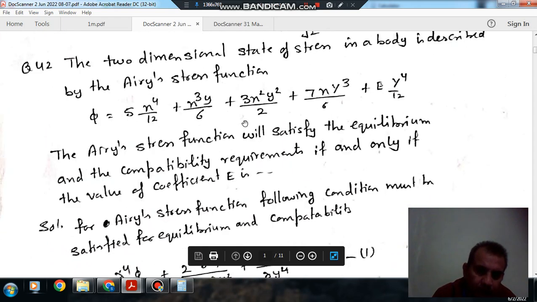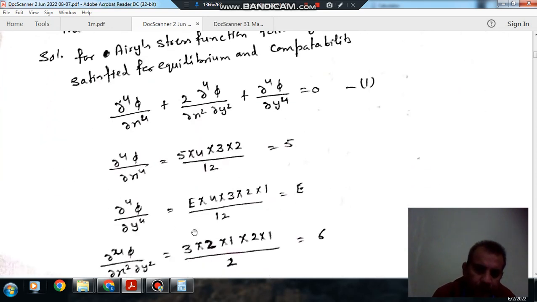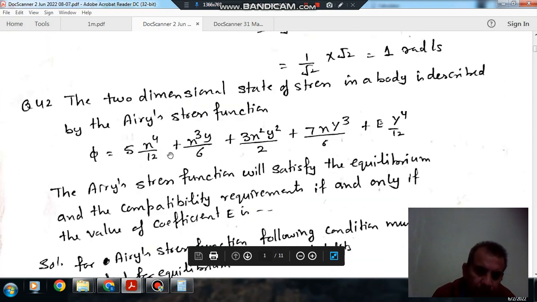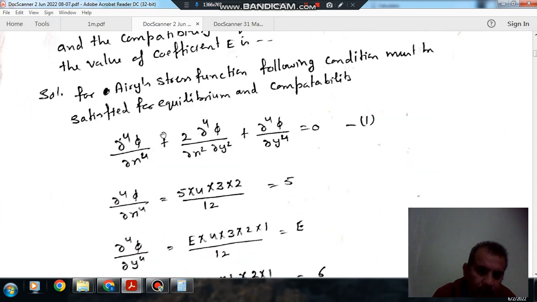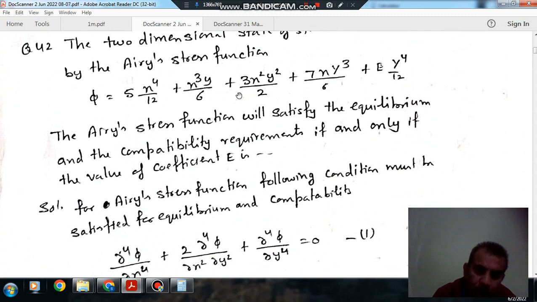Now similarly, if we differentiate with respect to y 4 times, then the other terms will be 0, and here it will be E into 4 into 3 into 2 into 1 by 12, so it will be E. Now if we differentiate 2 times with respect to x and 2 times with respect to y, the other terms will be 0.